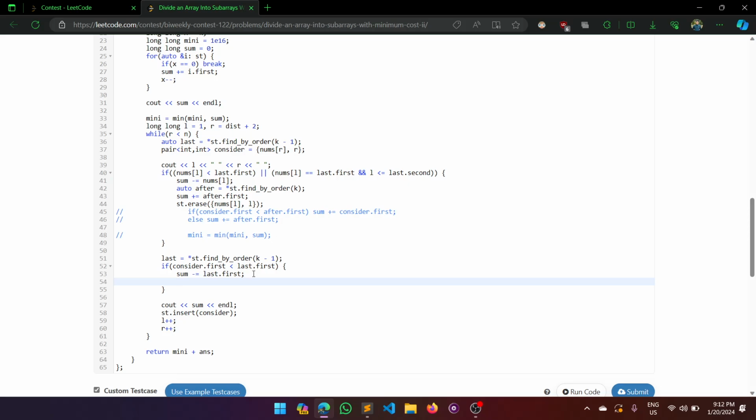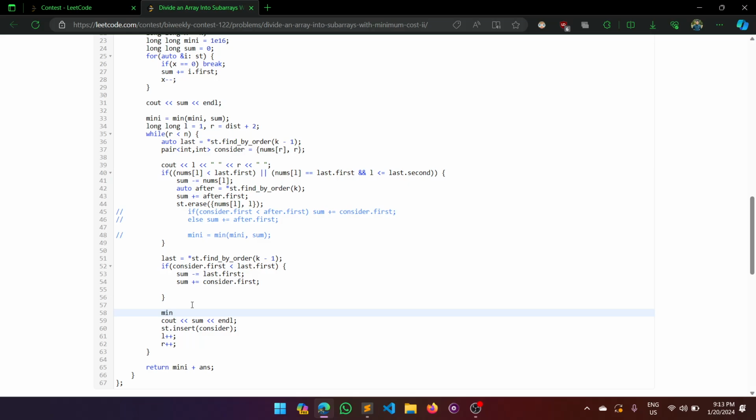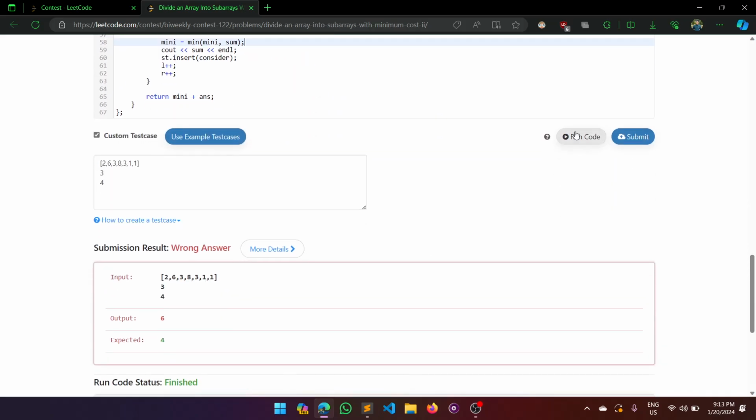I mean, it will stay in the array, but it will not be the part of sum. We'll include consider now. We'll have to push consider. We're pushing it there. Yeah, that makes sense. This thing we can completely ignore. Yeah, do it now.